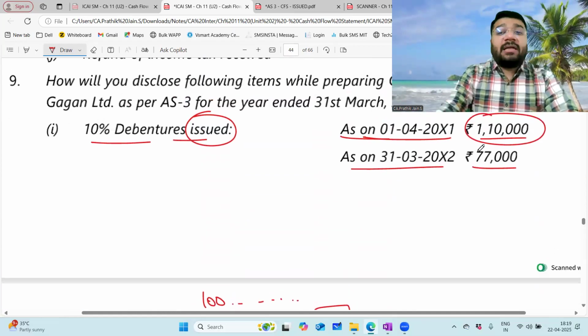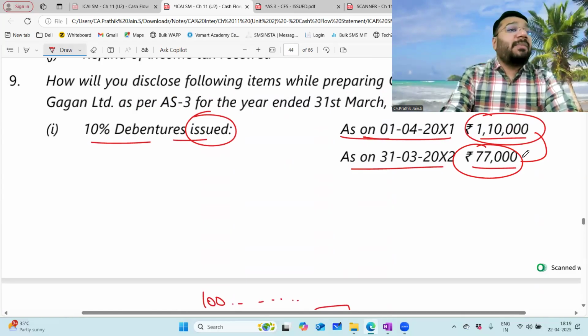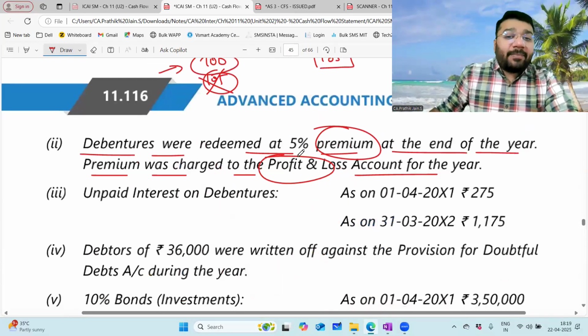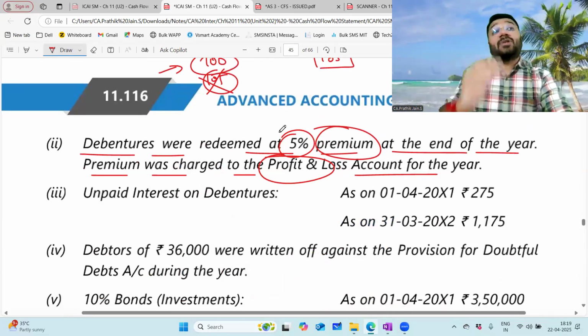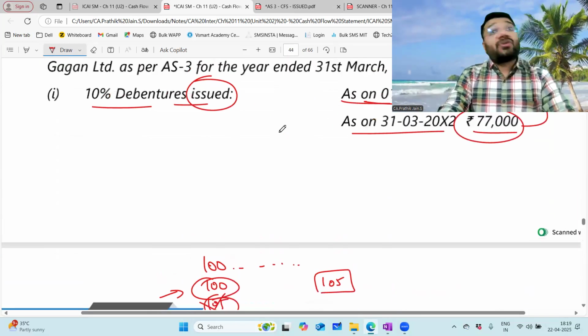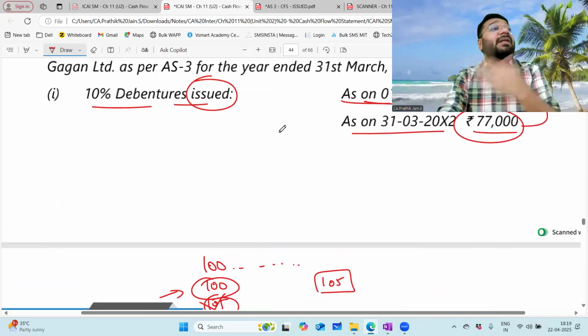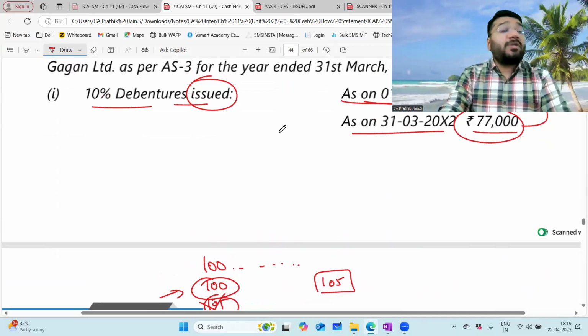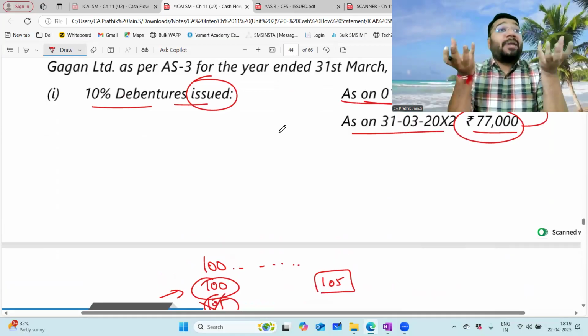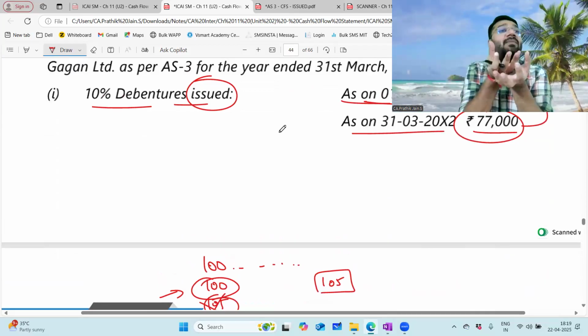Now, as on 30/20/22, the balance is how much? 77,000. During the year, the debentures were redeemed at 5% premium. So another assumption we can take is that this debenture was issued only in the current year, not earlier. At the end of the current year, we decided to redeem at premium, which means issue and redemption both are happening in the same year.